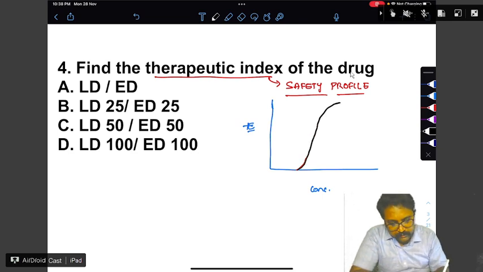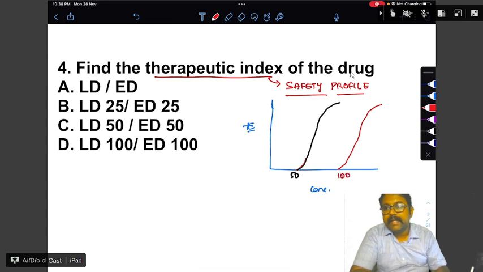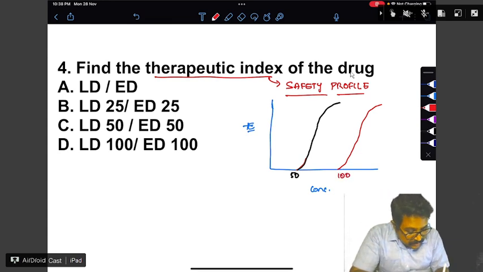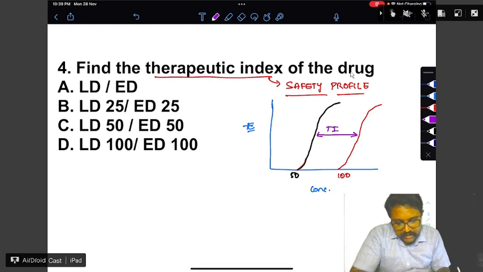For example, say it is 50. And the lethal dose will be 100. So this gap in between the effective dose and the lethal dose is called the therapeutic index, or sometimes they mention it as the therapeutic window.